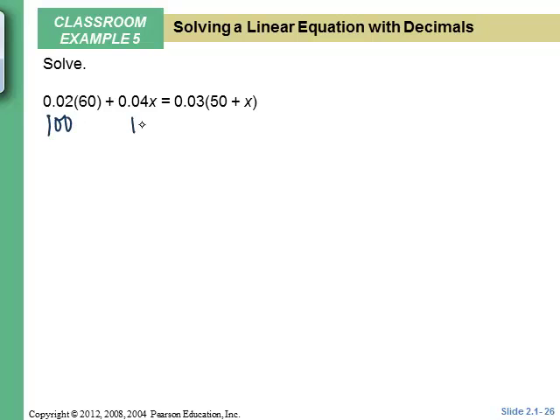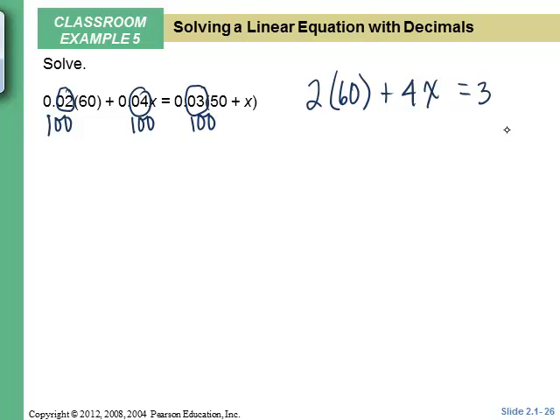In this case, we're going to multiply everything by 100 because of these two decimal places here, here, and here. 0.02 times 100 is 2 times 60. 0.04 times 100 is 4x equals 0.03 times 100 is 3 times (50 plus x). 2 times 60 is 120 plus 4x equals 150 plus 3x.